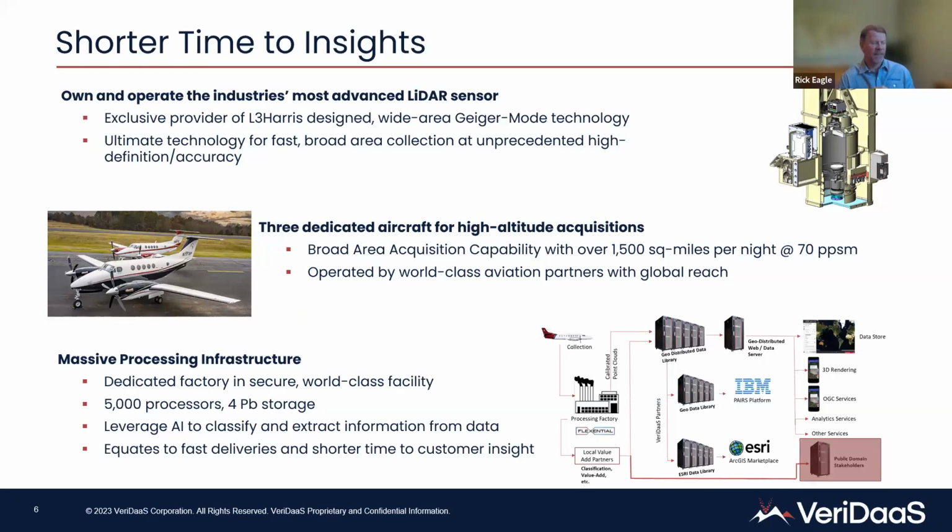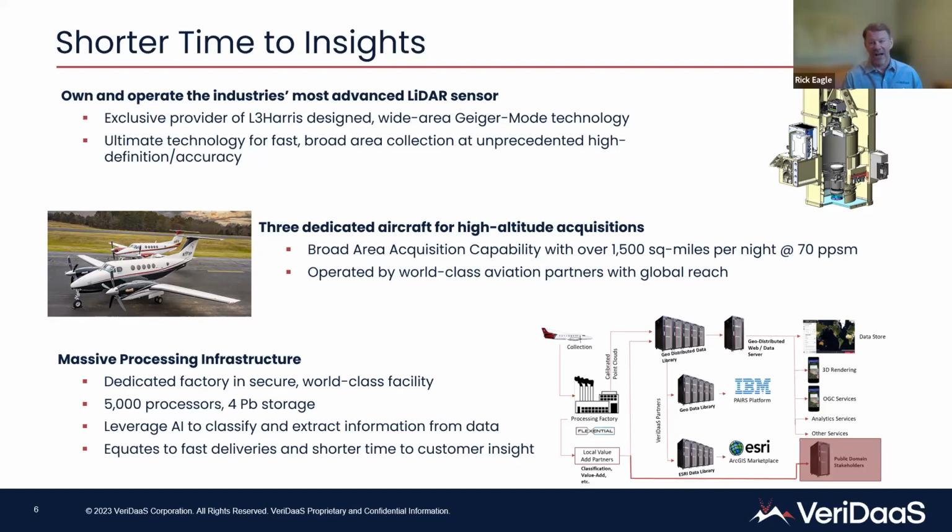With all this data, it's also very important that we have a large processing infrastructure. And we chose not to go to the cloud. We built our own processing infrastructure at a co-location facility called Flexential. That enables us to have dedicated compute power to handle the data as it comes off the aircraft. So we have over 5,000 cores and 4 petabytes of storage.